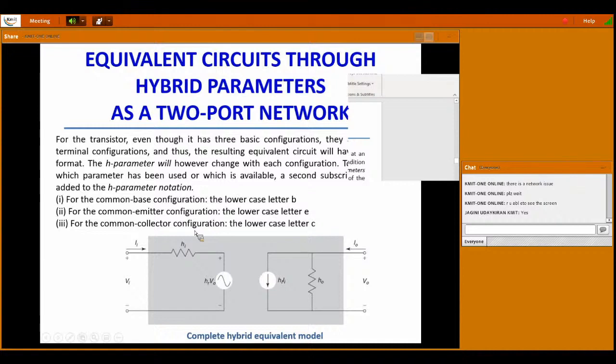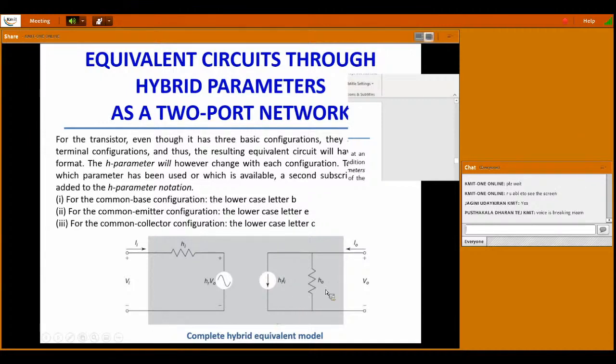So this is a simple equivalent model for the input and output terminals. The amplifier two-port network is replaced with the Thevenin equivalent voltage source and Thevenin resistance at the input.